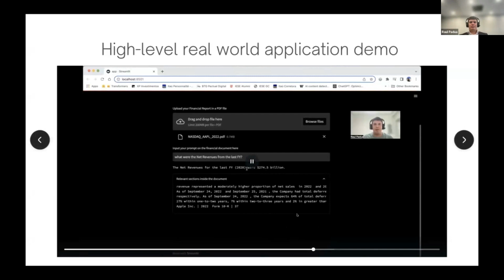And net revenues last fiscal year 2020 were 274.5 billion. And it can do pretty much everything a large language model does in generative tasks, such as translation.